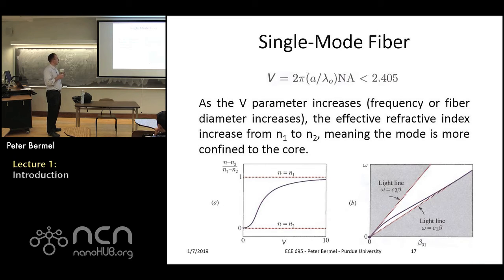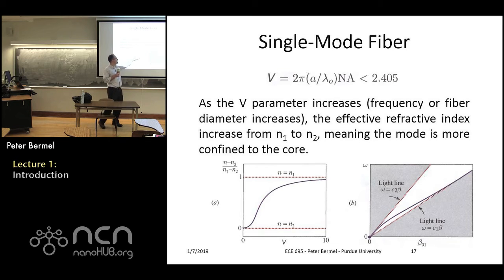And this is showing what happens to the so-called effective refractive index as you vary the V number. If the V number is very small, that corresponds to a 0 size core, then nothing is in the core, which makes sense.